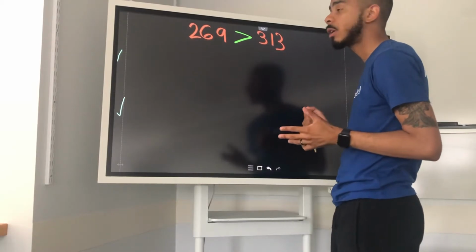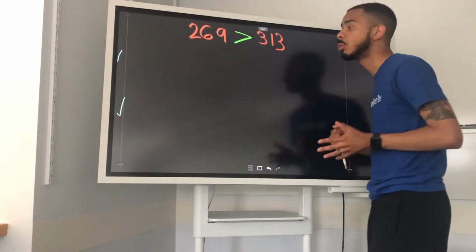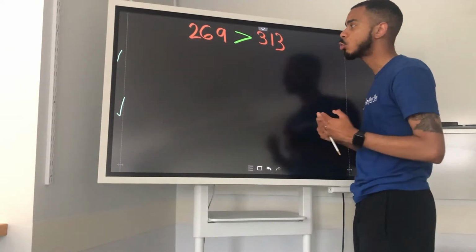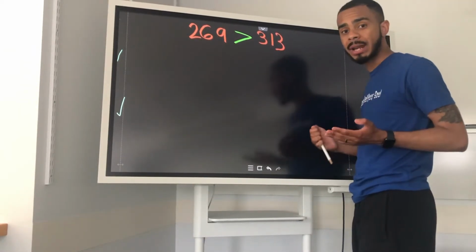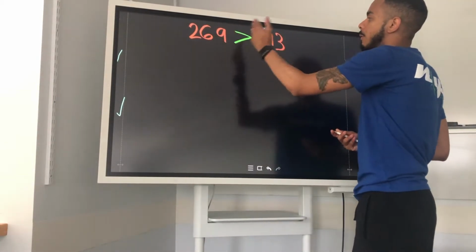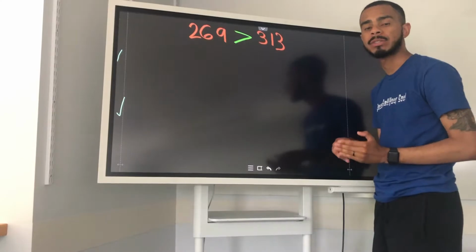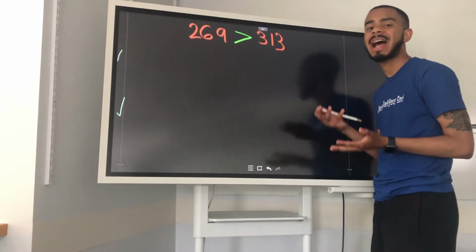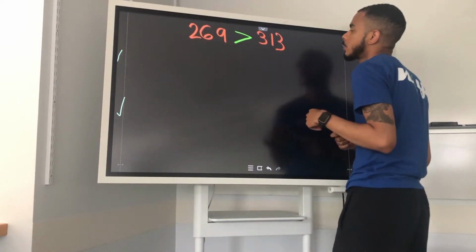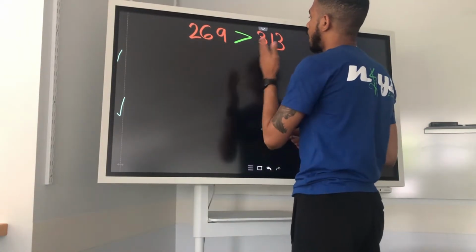So let's see if Miss Yoon is correct. Now there's two ways or two strategies we can use to see which number has more value, because that's what we're trying to figure out. Which number has the higher value? So we have 269, 313.